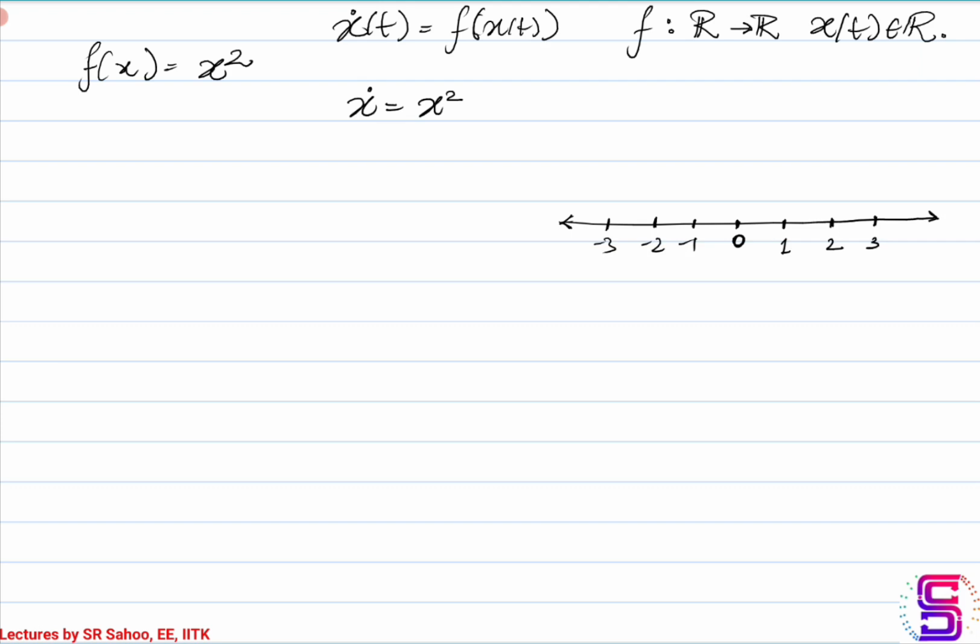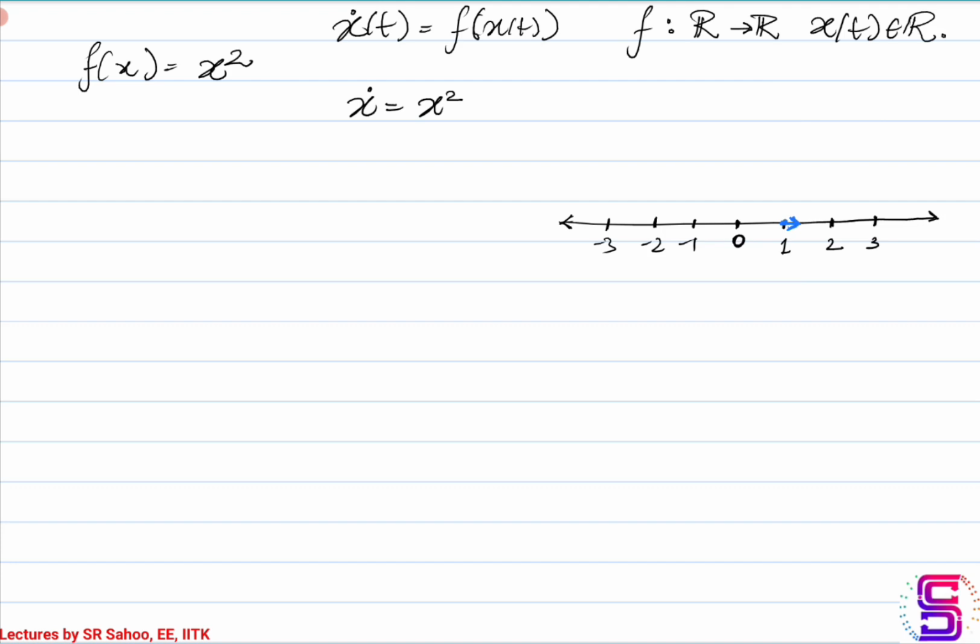Now you see here that at x equal to 0, the vector that is associated with it is 0. At x equal to 1, x dot is going to be 1, right? So you start at 1, and let's say this length of vector represents 1 unit for the f of x vector.